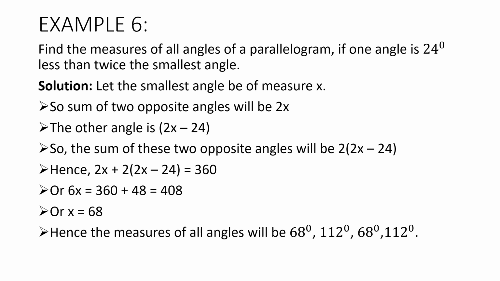The sum of the other two angles will be 2 into 2x minus 24. And the sum of all the four angles is 360 degrees. When we solve this equation, we get x is 68 degrees. So two opposite angles are 68 degrees. The other two opposite angles will be 2 into 68 minus 24, which is 112 degrees. So the measures of the four angles are 68, 112, 68 and 112 degrees in that order.